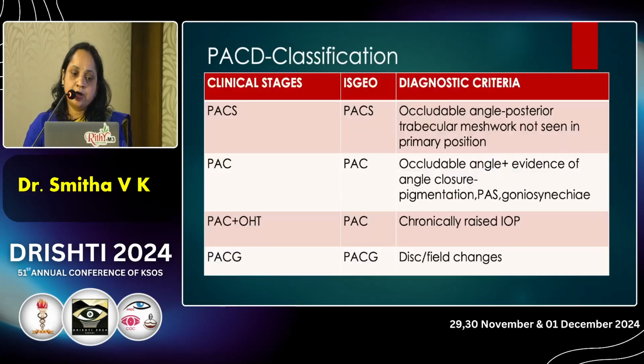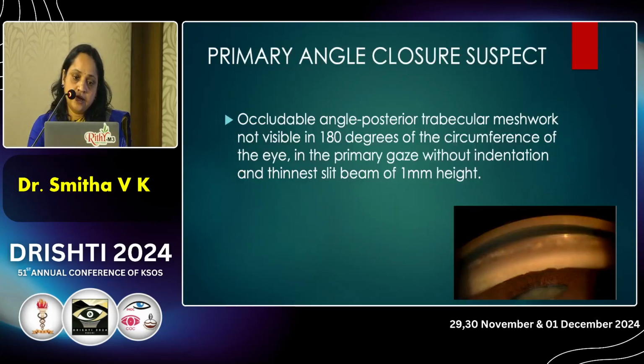ISGEO has classified primary angle closure disease into primary angle closure suspect, primary angle closure, and primary angle closure glaucoma. This helps in planning the management of angle closure, but it has not taken into account the optic nerve damage or trabecular dysfunction. In primary angle closure suspect, on gonioscopy we can see an occludable angle.